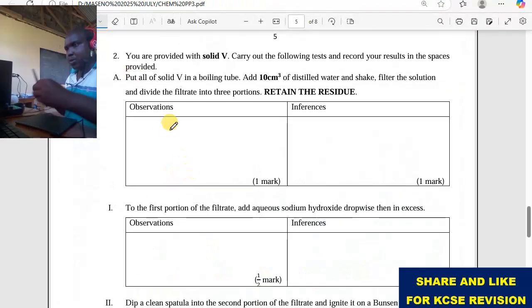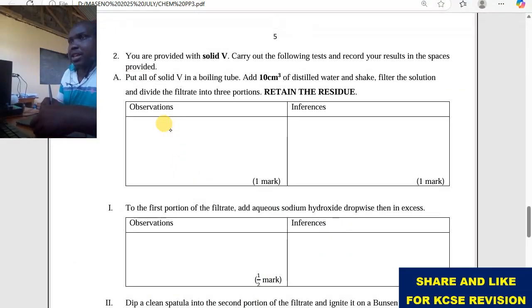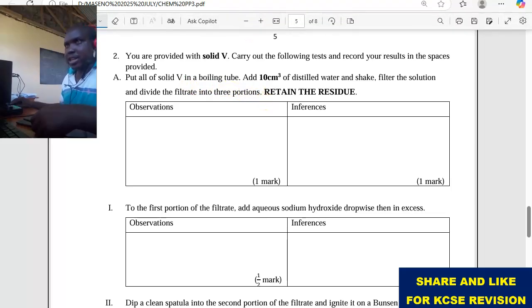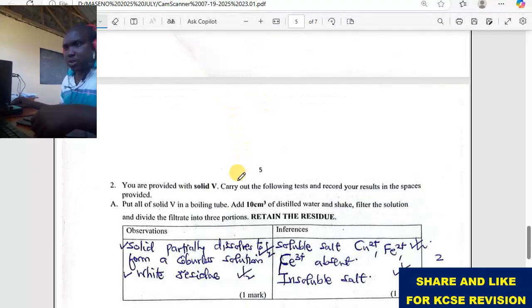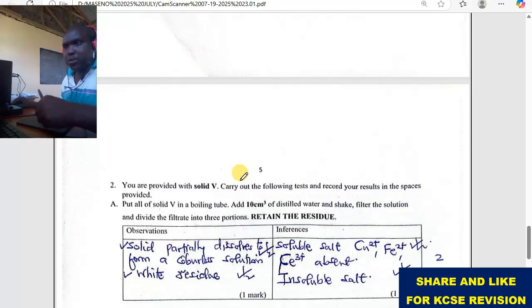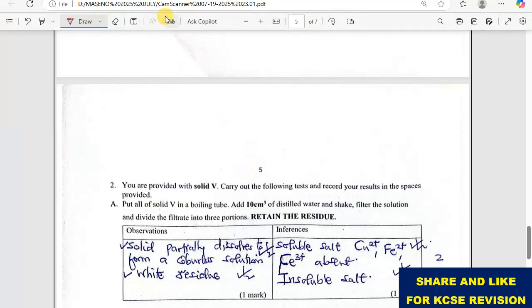So when you are filtering, you tell us about the residue and the filtrate. If there is a filtrate and there is a residue, it means the salt was not completely soluble. It dissolves partially. That is what you need to understand.